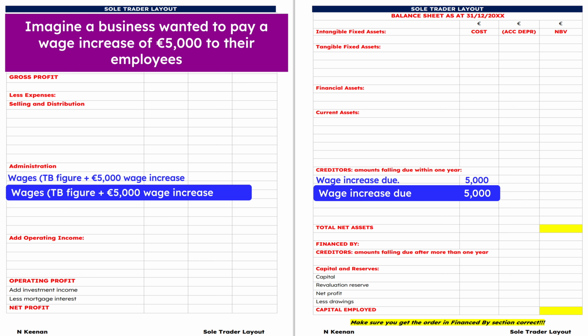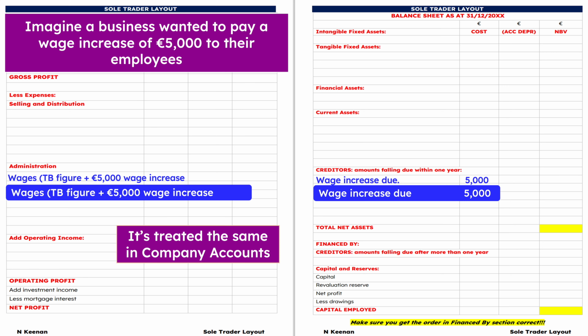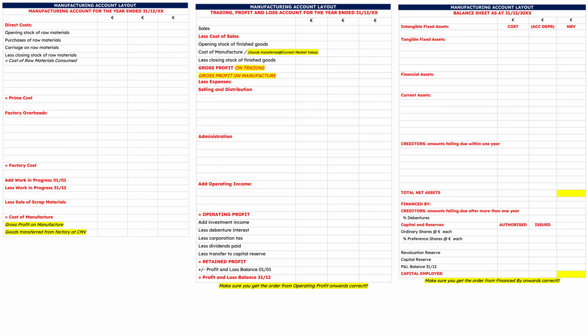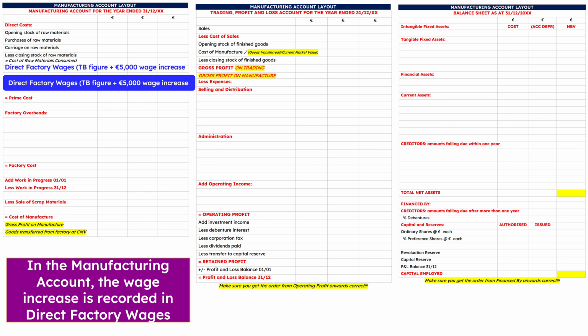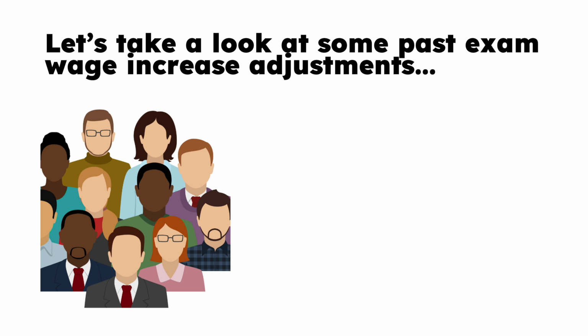The same would be treated in a company account. In a manufacturing account, it's a little bit different. Your direct factory wages are in the manufacturing account, so you add the $5,000 there to the trial balance figure. And then you put the wage increase due into the balance sheet under creditors' amounts falling due within 1 year.